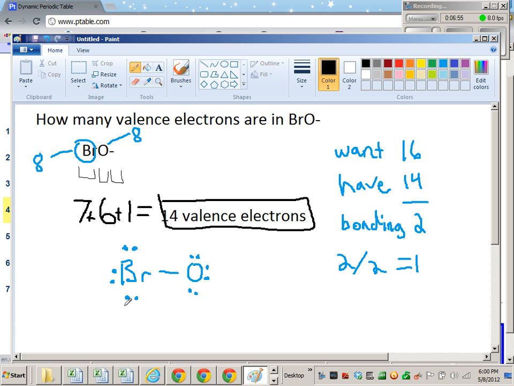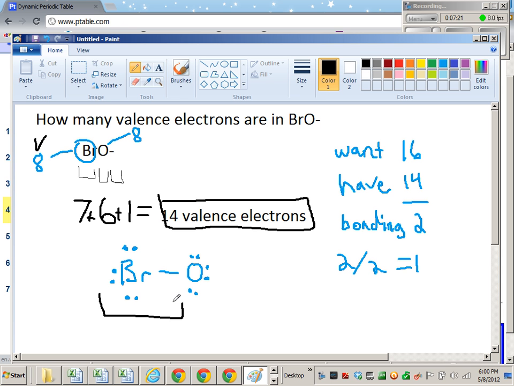The next thing we can check is to make sure that each of these elements has a total of 8 valence electrons. So for the bromine, I count all its non-bonding electrons and any bonding electrons it has, and it should have 8. So this bromine has 2, 4, 6 non-bonding plus 2 bonding electrons. So that's 8 electrons total. It wants to have 8, and it has 8.